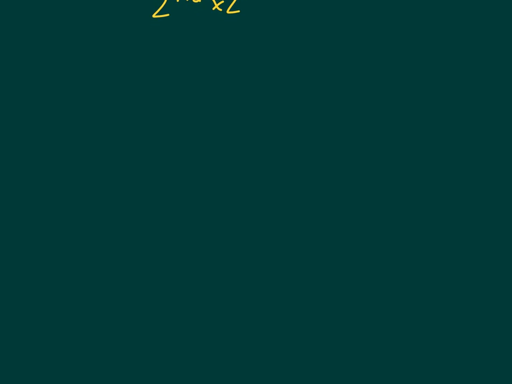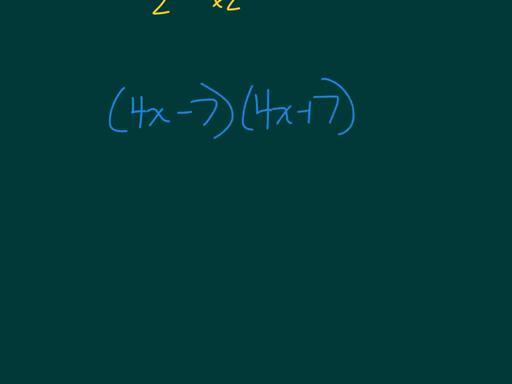So if you get a problem that you recognize as conjugates, like let's say we had 4x minus 7 and 4x plus 7, since they're conjugates, you know you can just take 4x times 4x, first times first, that's 16x squared.